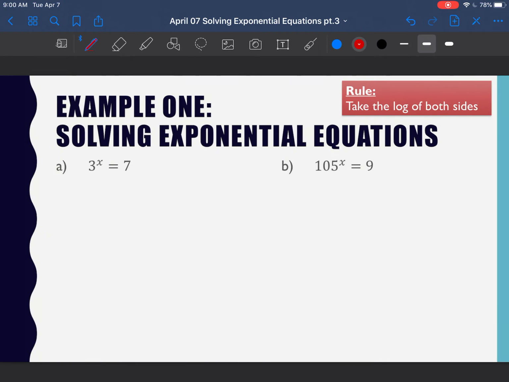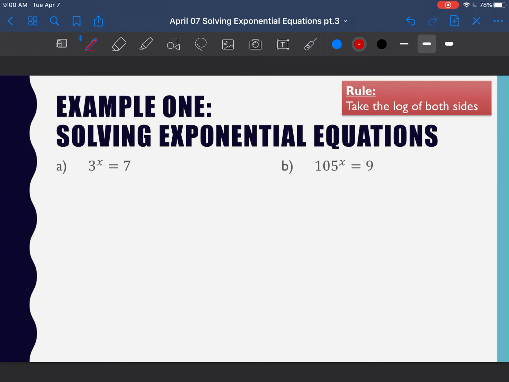So here's what you do whenever you can't change them to have a matching base. The rule is, whenever you can't change them to match, you take the log of both sides. Now, you're only allowed to do this if it's only an exponential equation, as in there's no logarithm already in it.